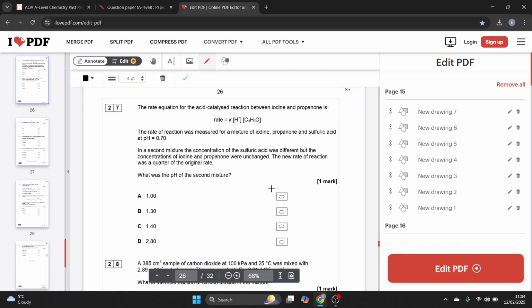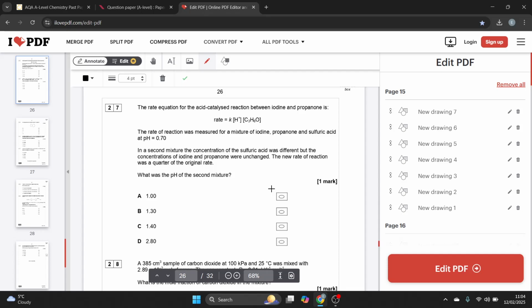Question 27. The rate equation between iodine and propanone: the rate of reaction was measured, and this one is definitely a tricky one. I've gone through this before, I'm pretty sure. So it says the rate of reaction was measured for a mixture of iodine, propanone, and sulfuric acid. And we can see sulfuric acid is not in the rate equation.